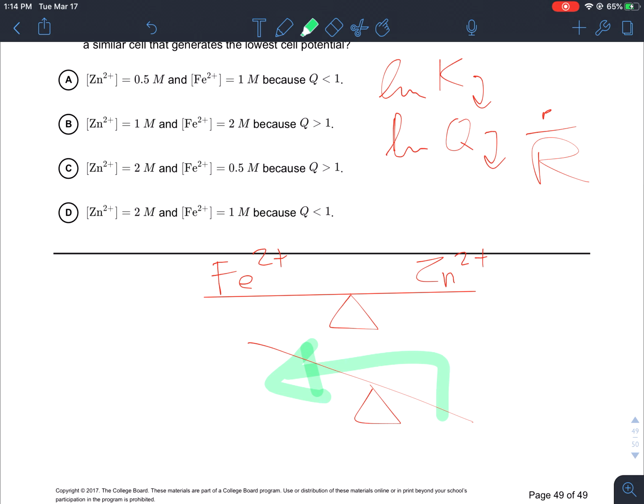Therefore, I will drop the E cell. Okay, so who gives me the largest amount of Zn? Look, these are both the largest amount of Zn. Who gives me the smallest amount of Fe? That's here. The correct answer is C.